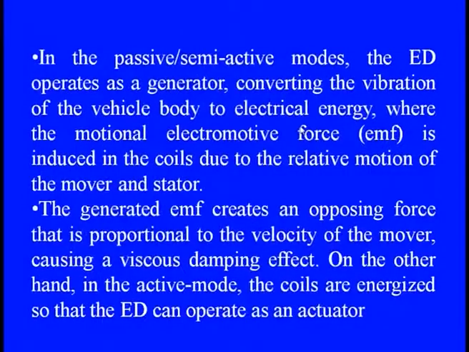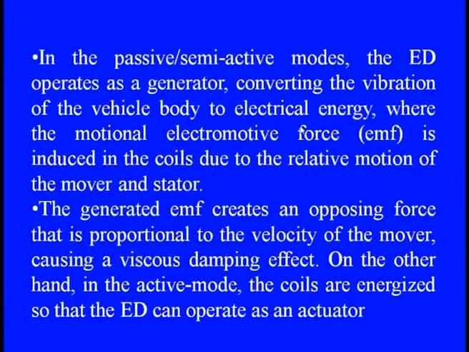The ED, the electromagnetic damper, is an effective utilization of energy wherever it is required. In the passive or semi active modes of vibration control, this electromagnetic damper operates as a generator, converting the vibration of the entire vehicle body, continuous or shocking, into electrical energy, and the motional electromotive force, EMF, is induced in the coil due to relative motion of the mover in the stator part.